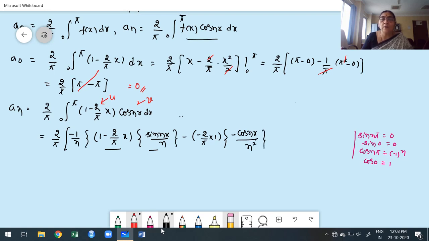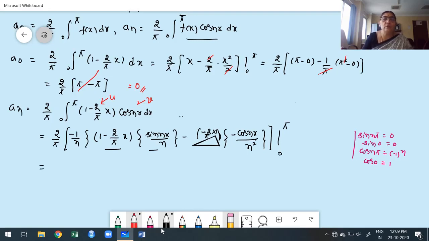It's not necessary to move to a further step because this is constant. The higher terms must be equal to 0. Don't worry about this. What we get here is minus 2 by pi into 1. Now what's the limit? 0 to pi. Now it's all written, sin n pi, cos n pi.